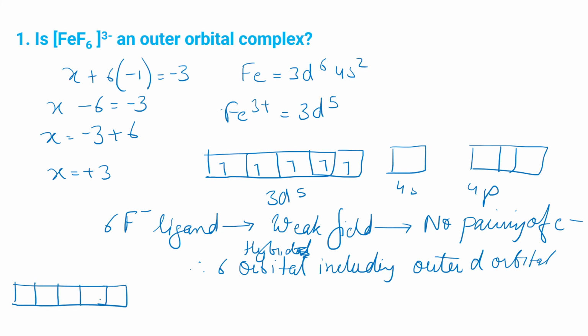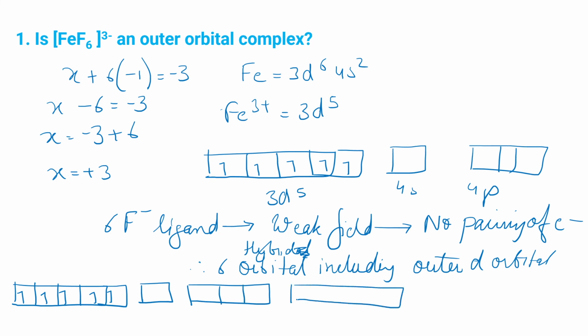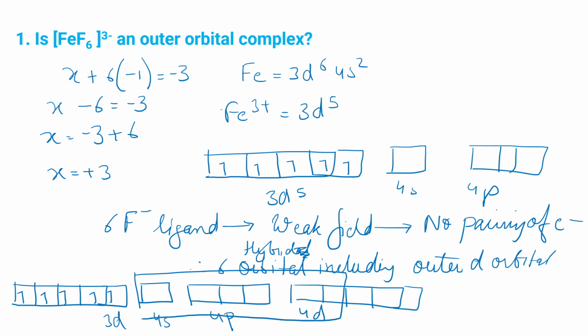It won't be used because all the orbitals are singly filled and we can't put electrons in them. So therefore we'll use outer 4d orbital. This is 3d, this is 4s, this is 4p, this is 4d. So 6 orbitals are required, 6 hybrid orbitals, sp3d2.